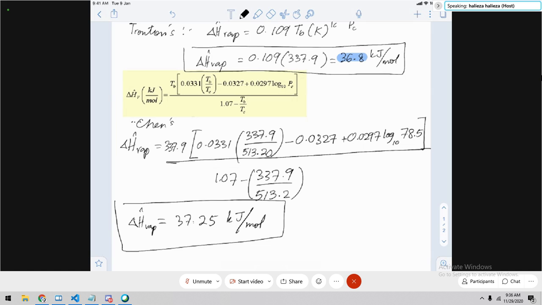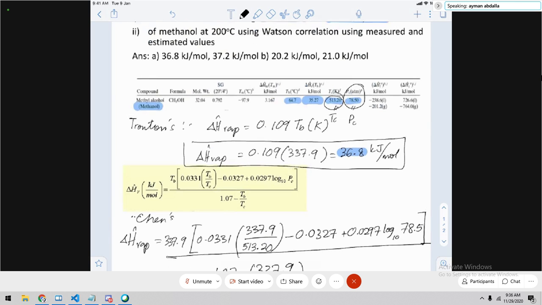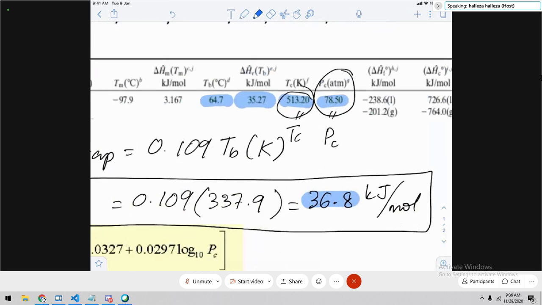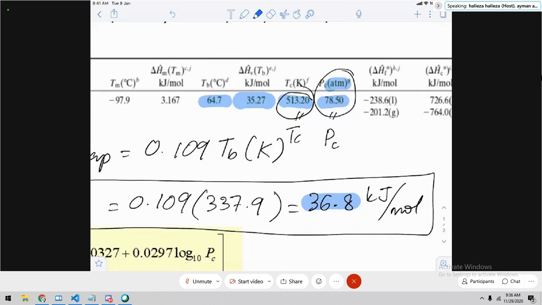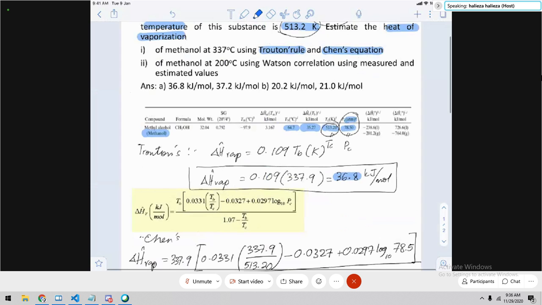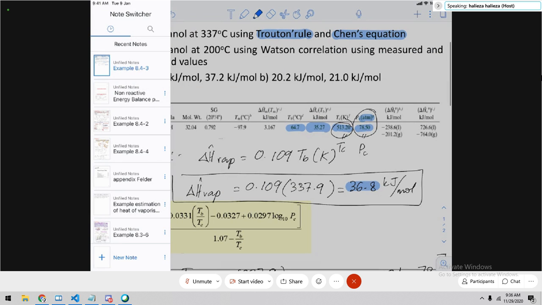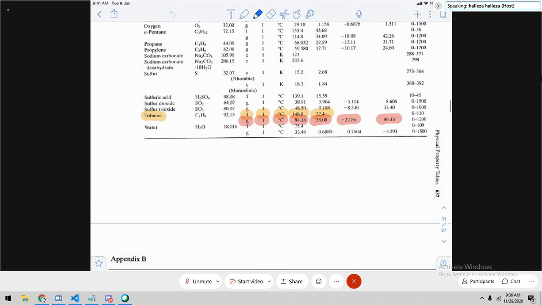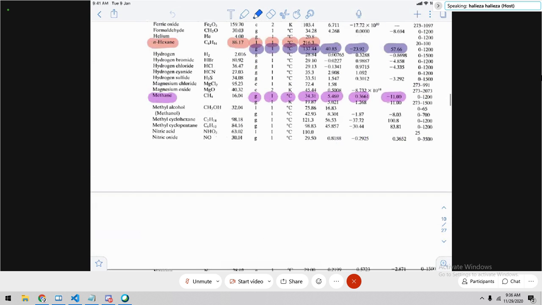Doctor, is the critical pressure given in atm? Let's have a look. Yes, in atm. Or is it atm gauge? I'm not sure. Let's have a look at the appendix. Okay, this is appendix B1.